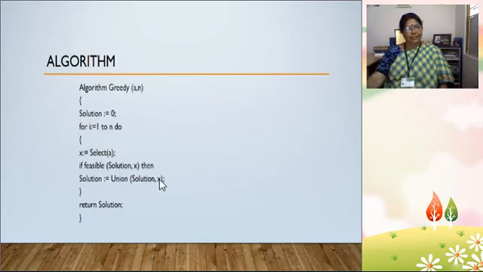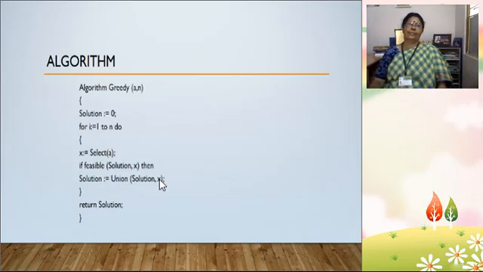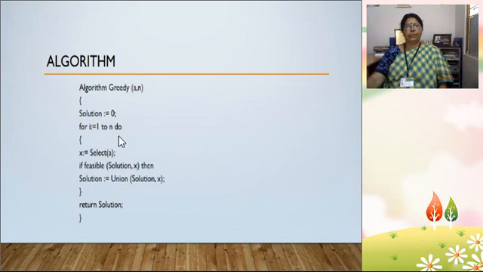As we discussed in the last session, the control abstraction of the divide and conquer strategy, now this is the control abstraction for the greedy method. Initially the solution will be empty, and then we consider the inputs one at a time. We choose the input based on the optimization measure. The select function will choose the next input that satisfies the given objective function.